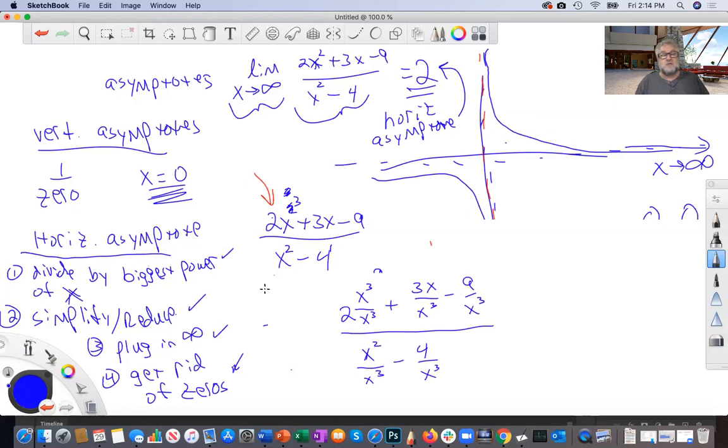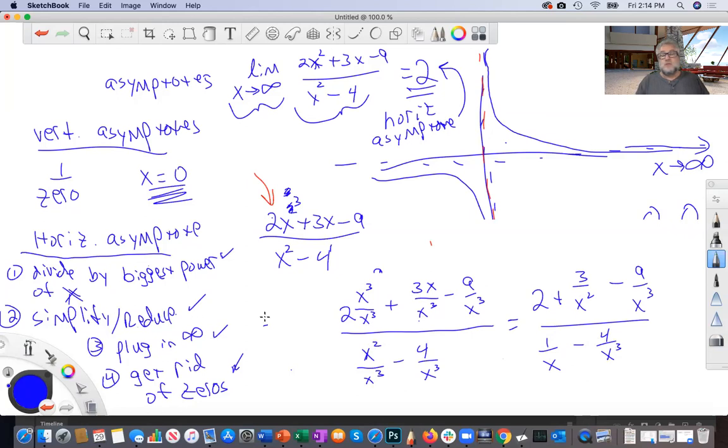Then what do we do after we divide by the biggest power? Oh yeah, we simplify. So that'll be 2, and that's going to be 3 over x squared, since x will cancel from the x in the bottom, and this is going to be 9 over x cubed, all over x squared over x cubed, which is 1 over x, minus 4 over x cubed.